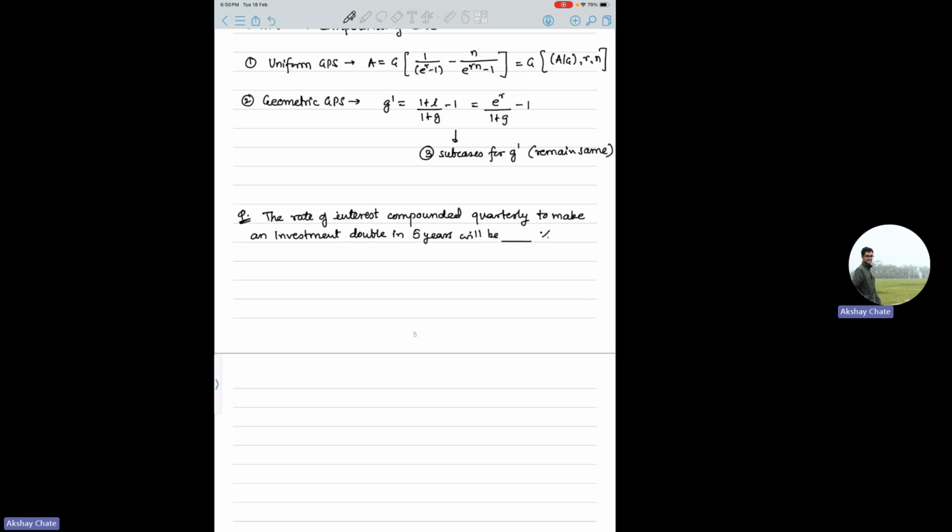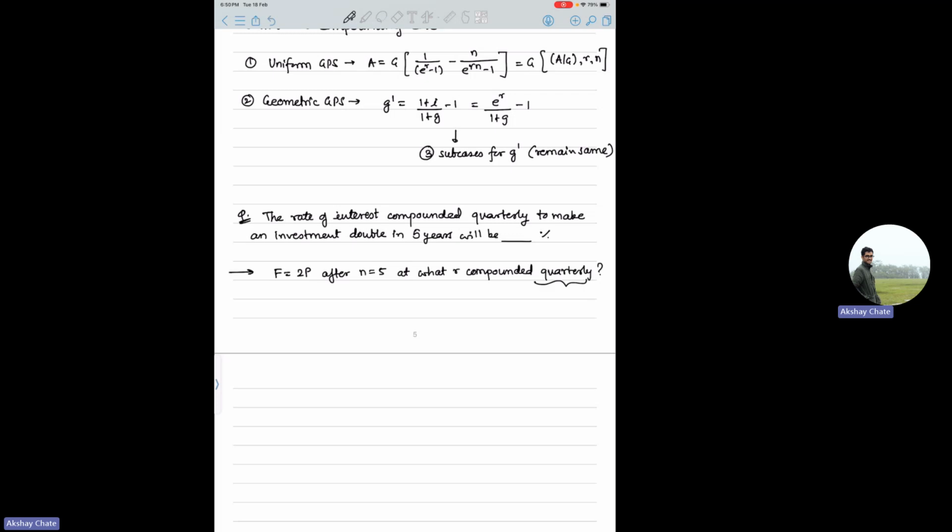So here, this is a classic problem. You can have many variations of this. Let's say you have a certain present value P, and what they're asking is your future value should be twice your present value after 5 years, at rate r compounded quarterly.